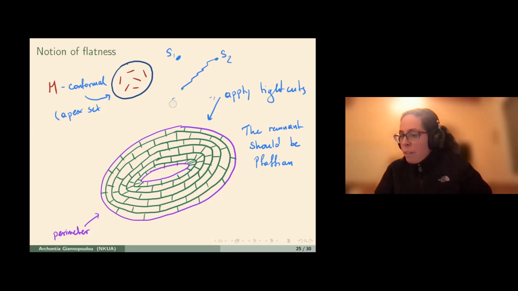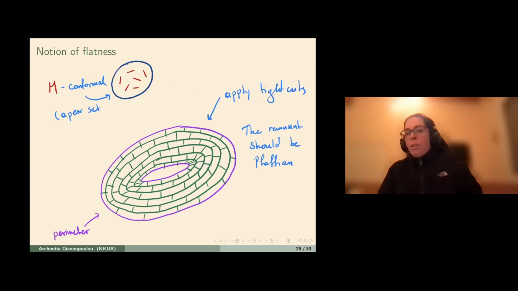Now, in graphs with perfect matchings, we can ask for something similar, and this is where K33 comes in. Whenever we have a cross, this cross will be inside the K33 model.